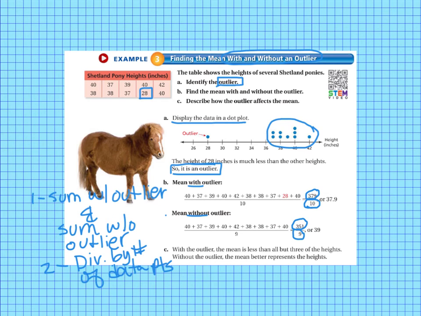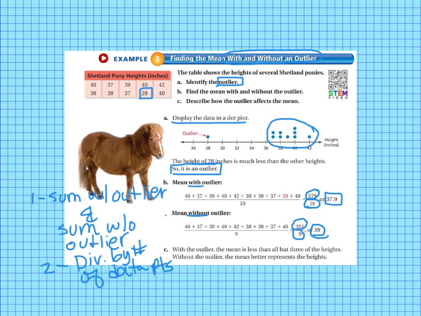So that means our mean with the outlier is 37.9, and without the outlier, it's 39. That's going to make it so that we can see the difference between these two means and what having that little 28-inch pony in there does to our mean. So we'll get to that in part C.